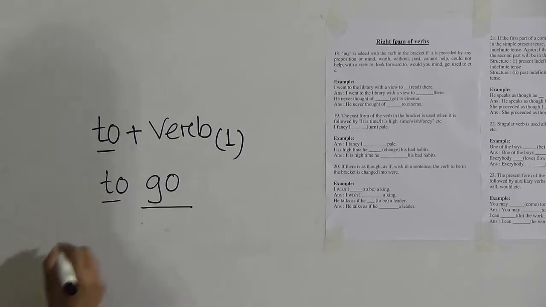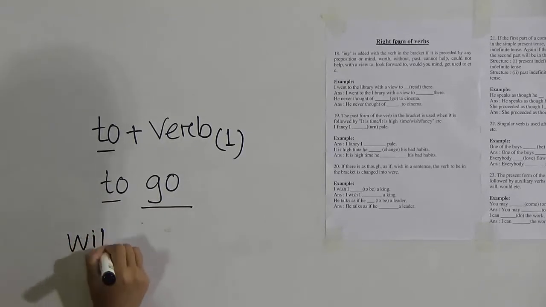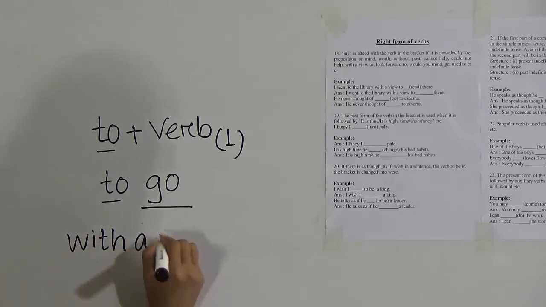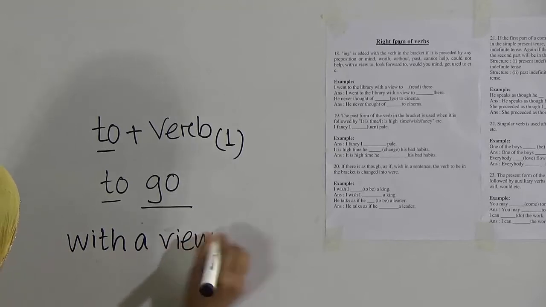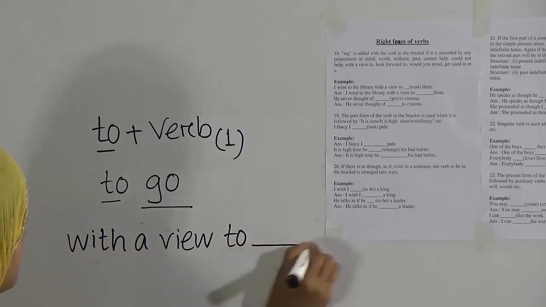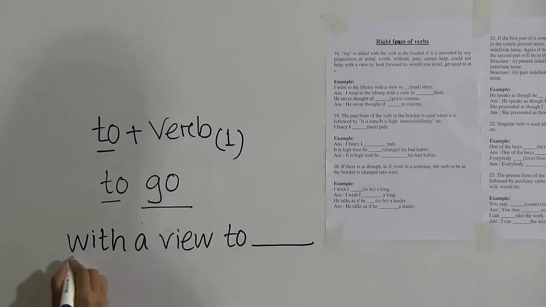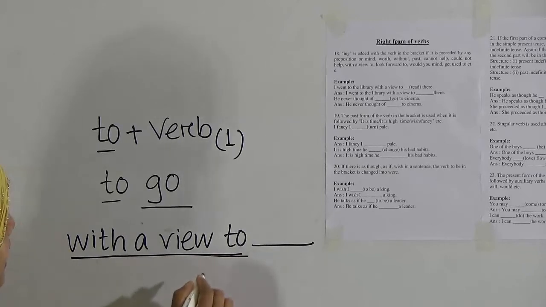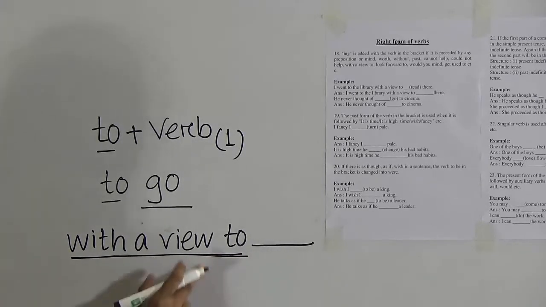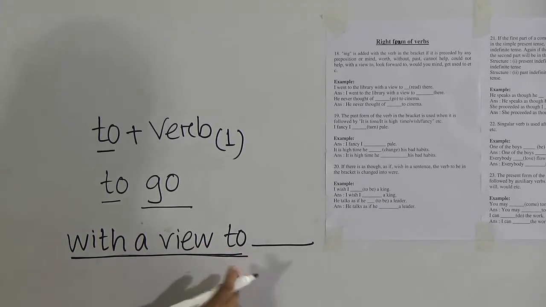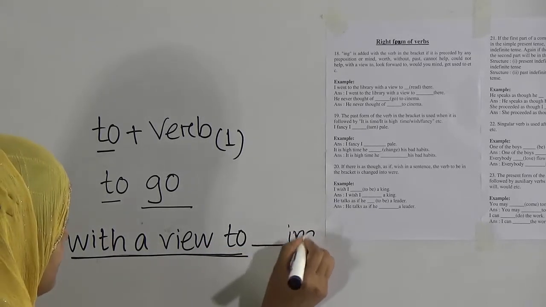But if we find with a view to, then we can't use the base form or verb 1 here. Because with a view to, you have to keep in mind this whole with a view to, look forward to. So after this to, you have to add ing with the verb.